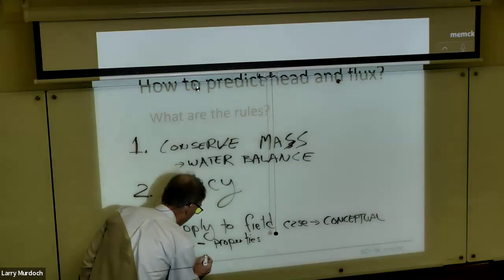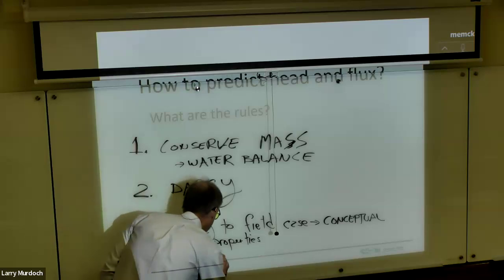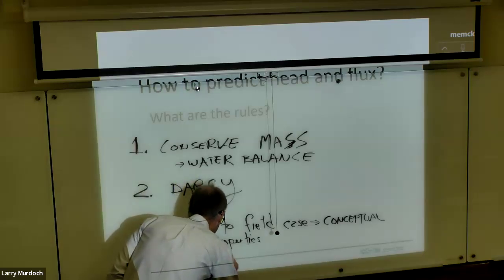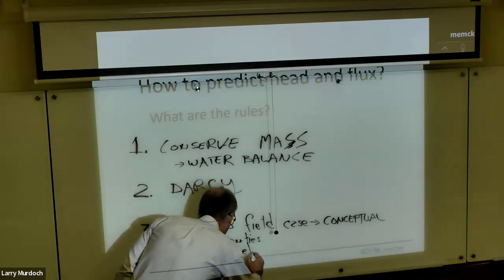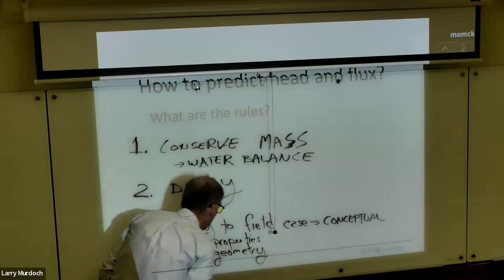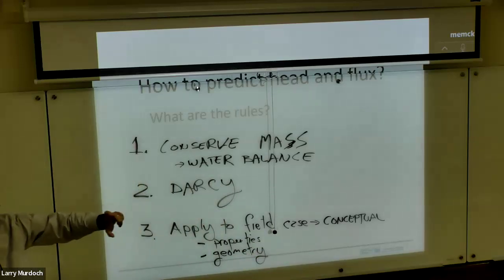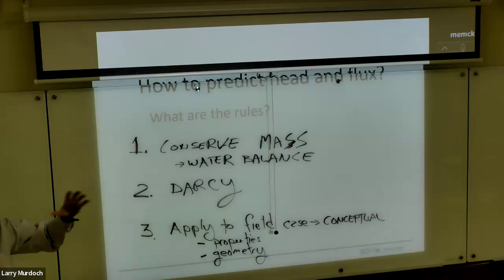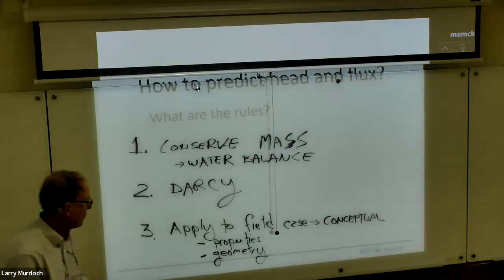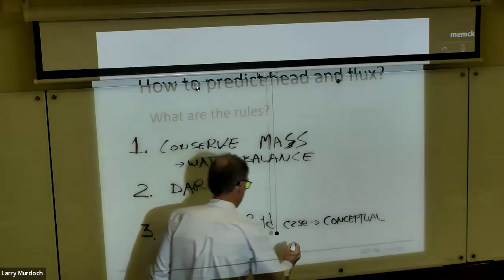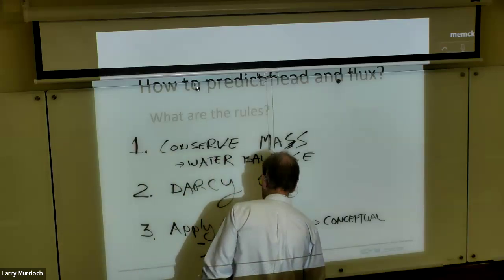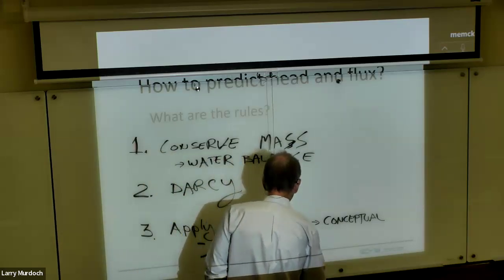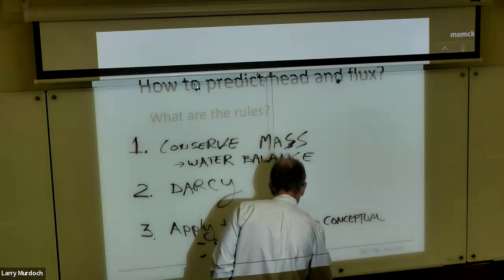Another thing that it will need is, well, let's call it geometry, like the thickness and the length of the aquifer. And there'll be another aspect that will be applying it to the field case, which will be the boundary conditions.